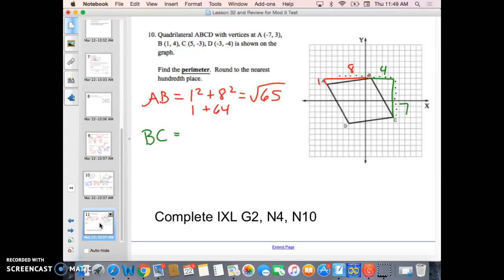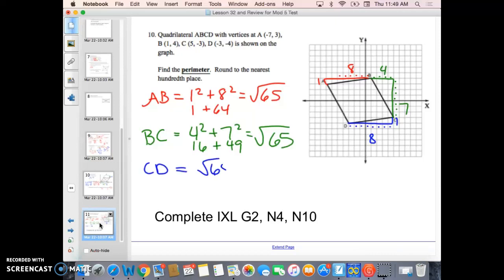So this would be 4 squared plus 7 squared, which is 16 plus 49, which is the square root of 65. And you work your way all the way around. And what you're going to notice here is that you should get 1 and 8 because this is a parallelogram. So CD is also going to be the square root of 65.